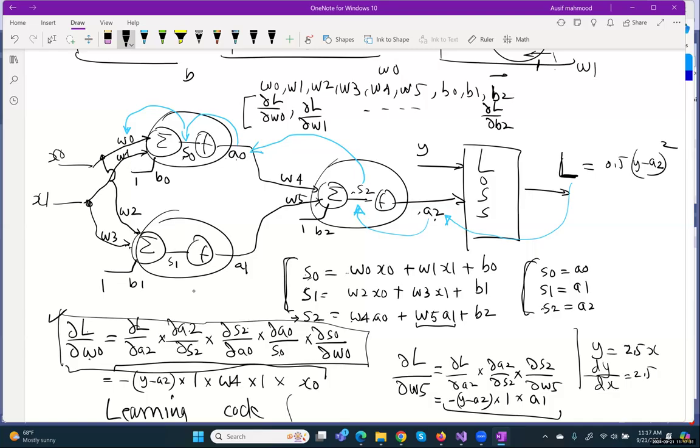Okay, what if I said calculate partial L over partial W1? How will it be different from partial L over partial W0? If I use a green path to indicate partial L over partial W1, will I go back up to here? Will I go back up to here? Will I go back up to here? Back up to here, right? Now, instead of going to W0, where will I go to?